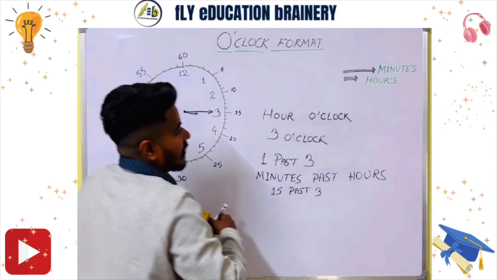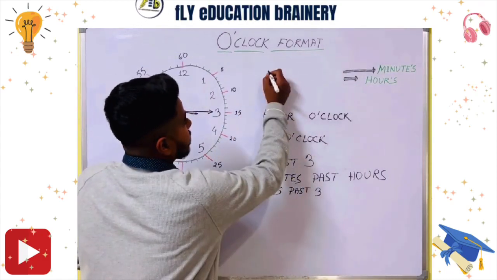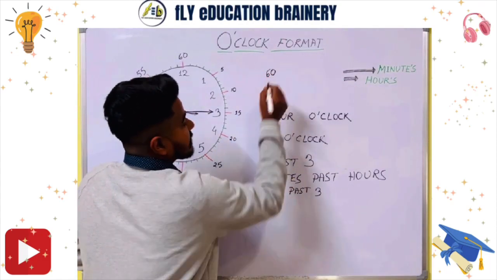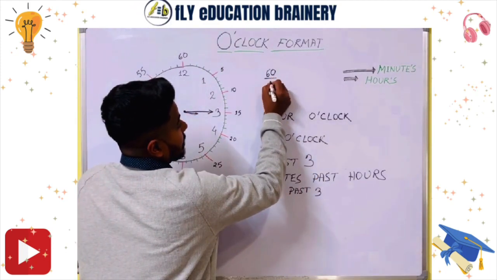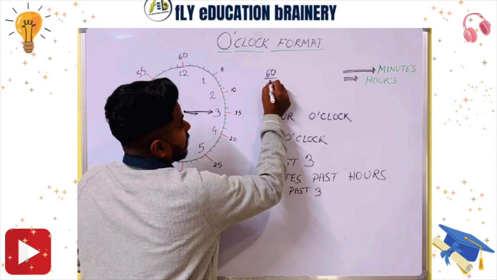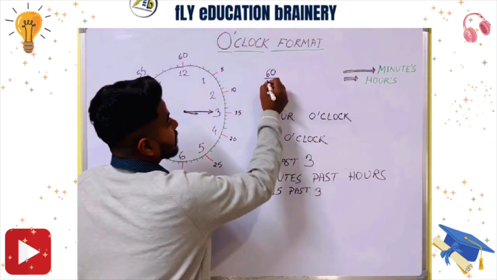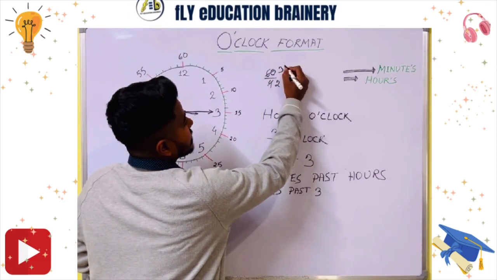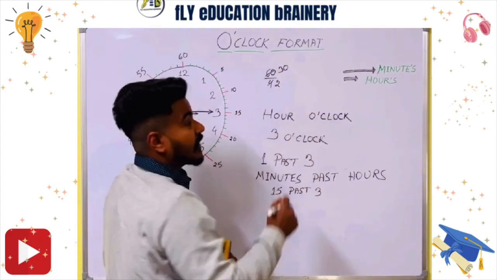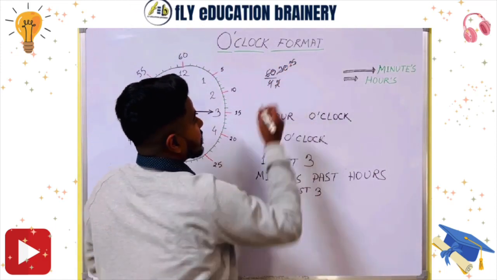Now let's move on to a mathematical calculation here. 60 minutes in 1 hour. If we divide 60 by 4, what will it come? 2 fours are 8... 4 into 6 is 1 remainder 2... Now 30 divided by 2, it's 15.